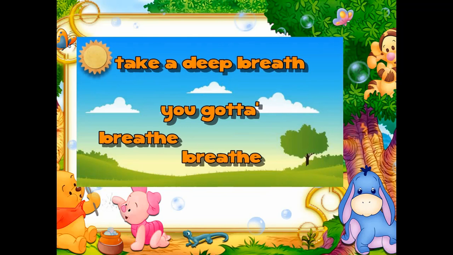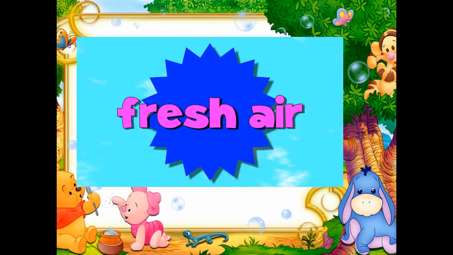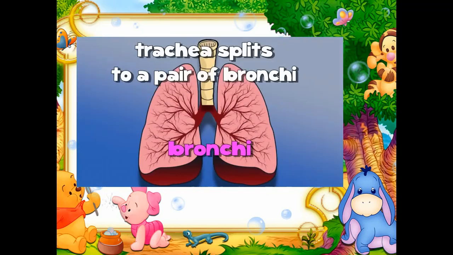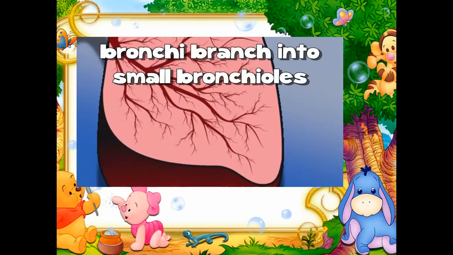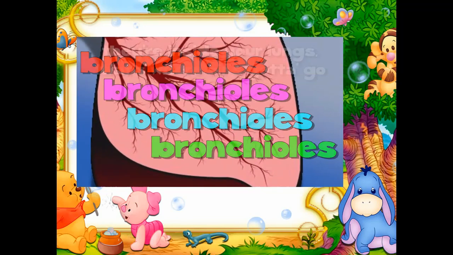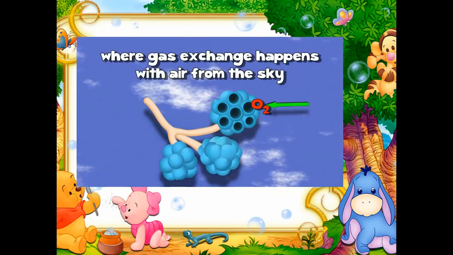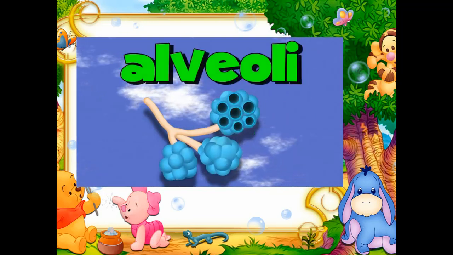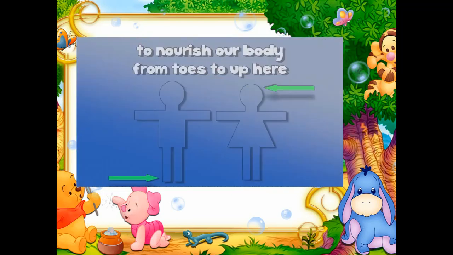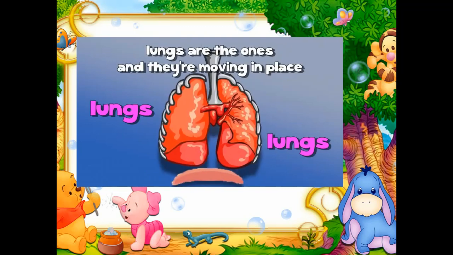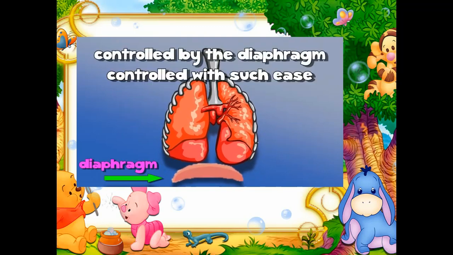Take a deep breath, you gotta breathe, breathe, breathe. Respiration, you gotta breathe. Take a deep breath, you gotta breathe, breathe, breathe. Fresh air, give me some fresh air. Trachea splits to a pair of bronchi. A left one and right one move air from the sky. The bronchi branches to small bronchioles. Bronchioles, bronchioles, bronchioles, bronchioles. They're inside your lungs, it's where air's gotta go. Bronchioles divide into alveoli, where gases change gases with air from the sky. Alveoli, alveoli. The respiratory organs on which mammals rely to transfer the oxygen that's found in fresh air to nourish our bodies from toes to up here. Lungs are the ones, and they're moving in place, contracting, expanding to set breathing space. Controlled by the diaphragm, control with such ease.